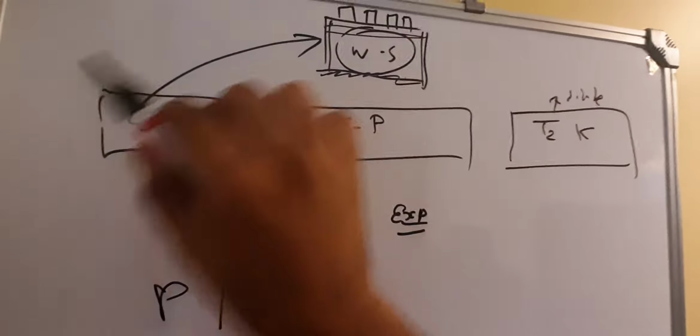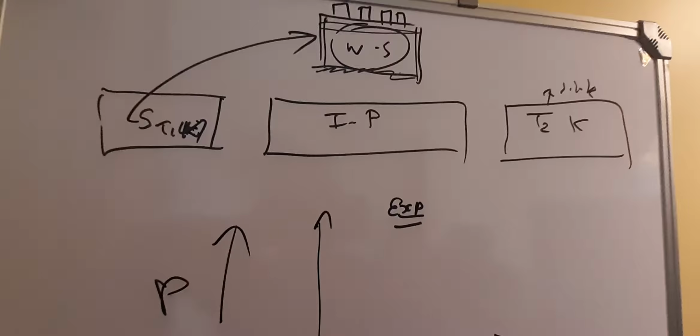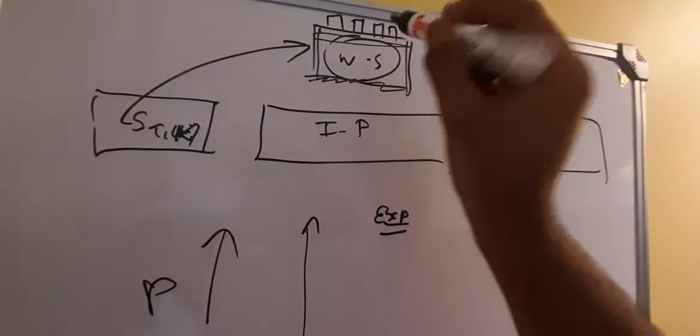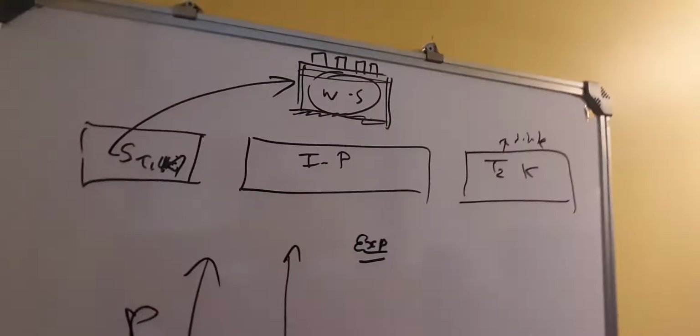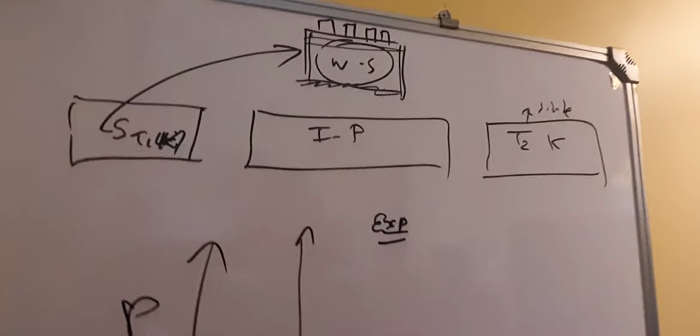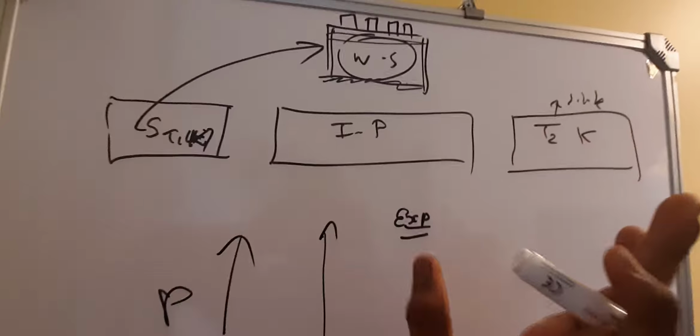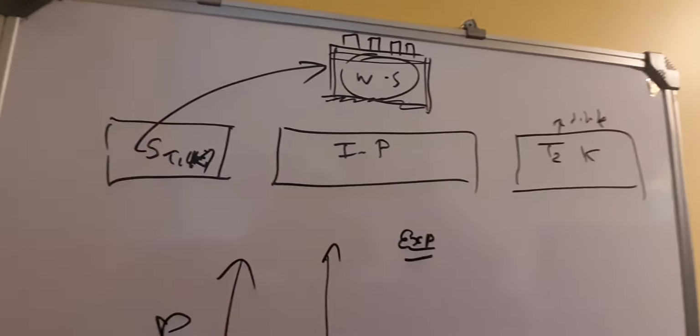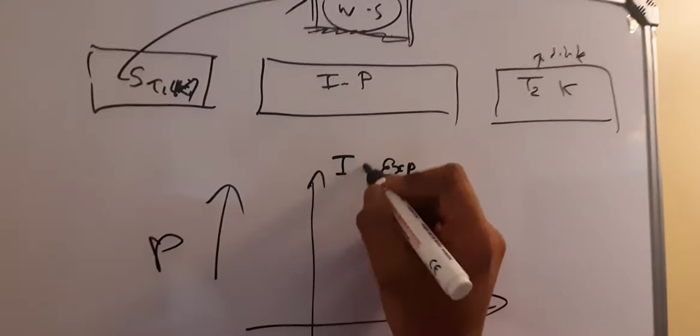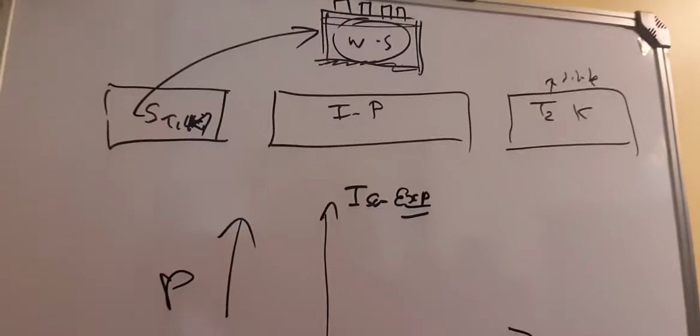Why is it isothermal? Because the temperature of the working substance, the temperature of the system, is going to remain constant. You supply some amount of heat energy, and that same heat energy is used by the working substance to bring about an increase in its volume. So I can combine the two factors and say the first process is isothermal expansion.